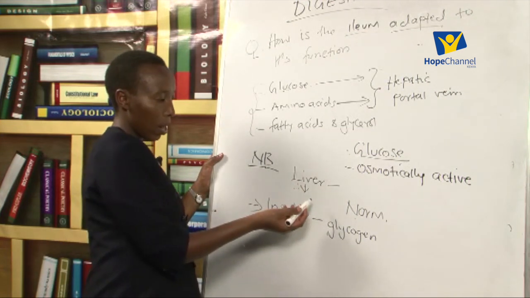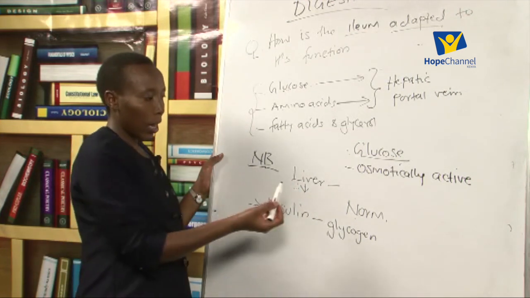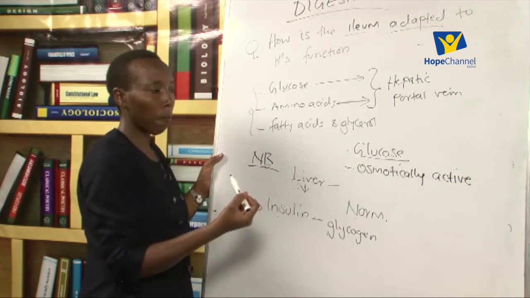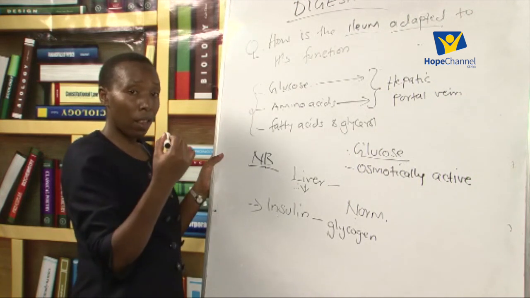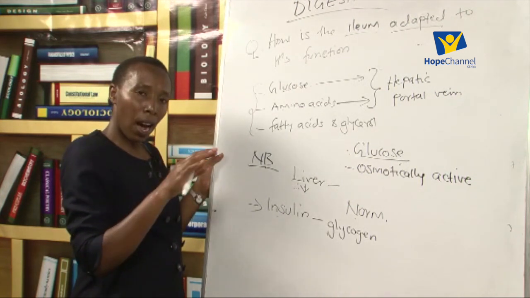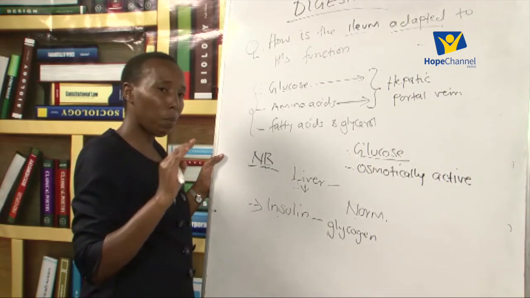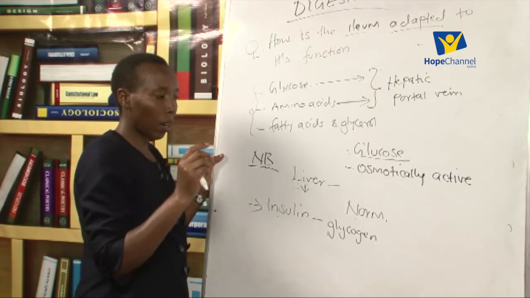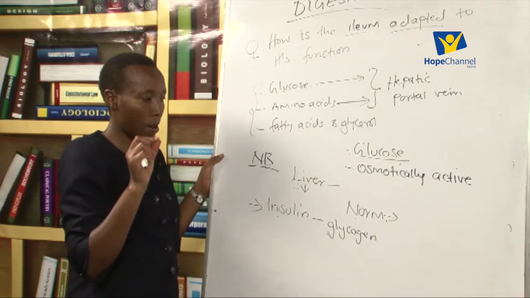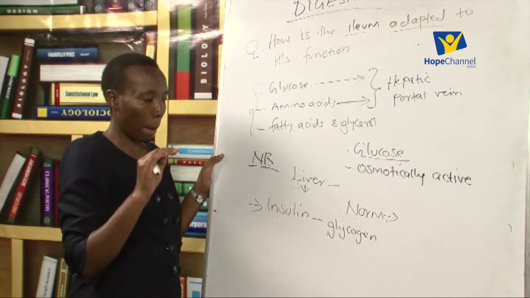So what happens? We said that because we know that glucose is osmotically active, it may raise the osmotic pressure within the body fluids. We must have a given amount within the body. And that given amount is what I was referring to as the norm. So there is the norm.